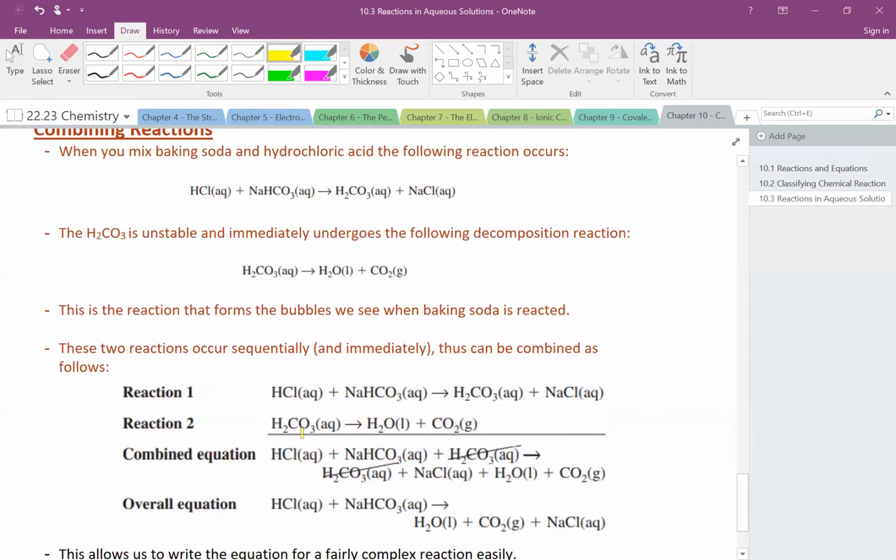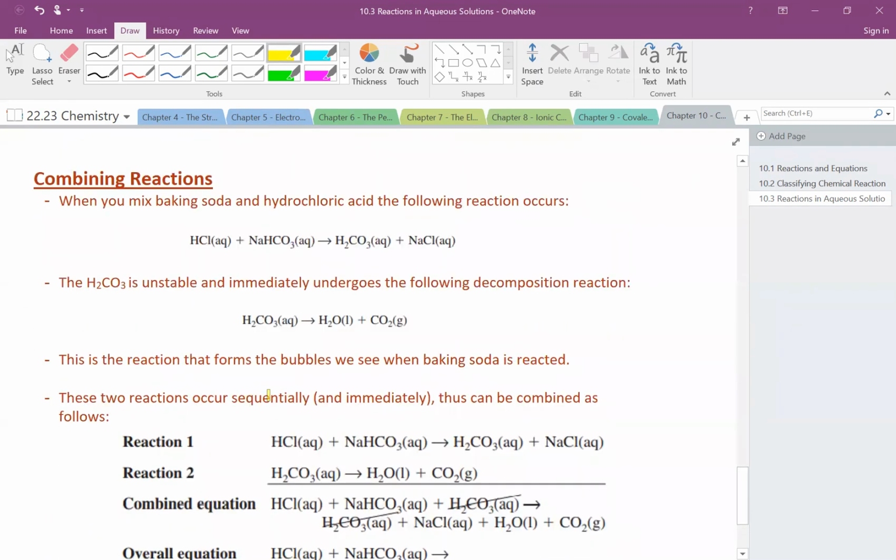Last thing, we can actually combine chemical reactions to simplify some processes that can be kind of complex. If you mix baking soda with hydrochloric acid, you're going to get the following reaction: HCl plus sodium hydrogen carbonate goes to carbonic acid plus sodium chloride.